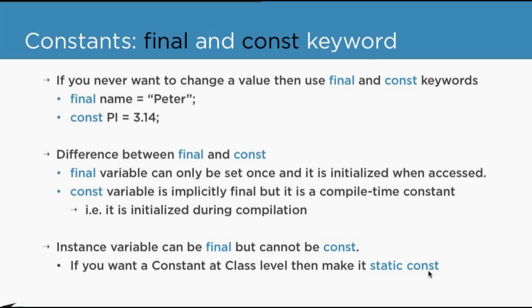So now the question arises, what is the difference between these two? So let's have a look. Final variable can only be set once and it is initialized when accessed.